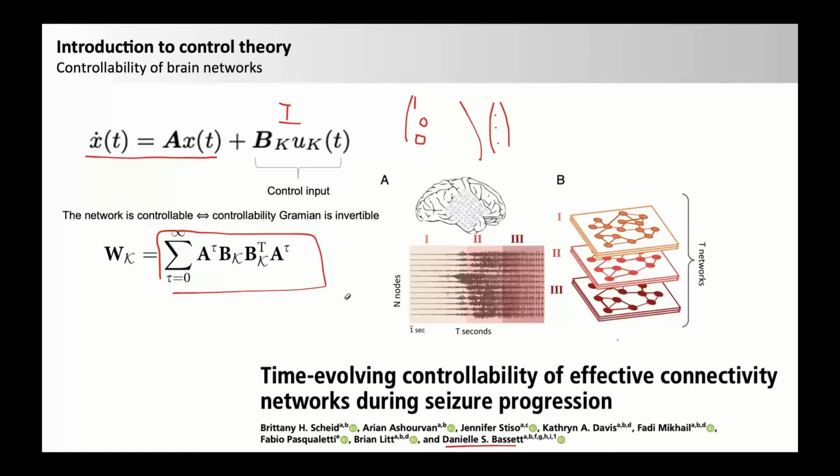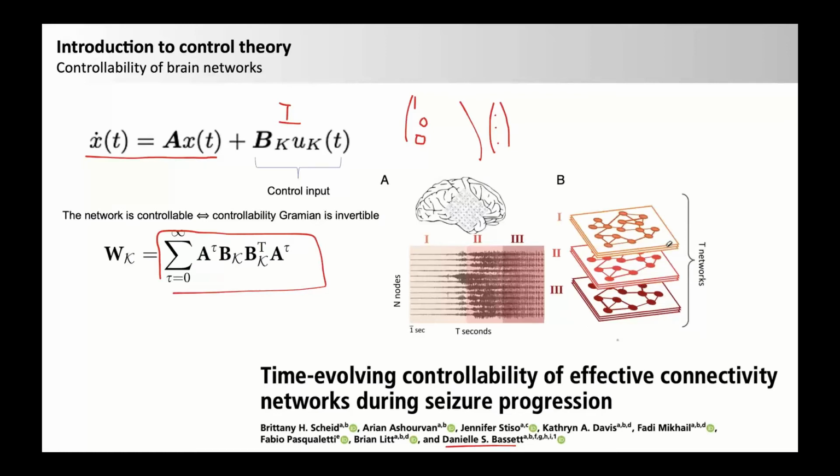So another cool goal here is to bring the theory together in practice. The most recent study by the lab in Pennsylvania from Bassett is a study where they looked at the controllability of every region, not for a system in one state, but during a seizure, an epileptic seizure. They made different networks for the different states.